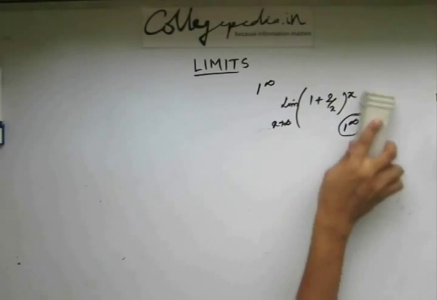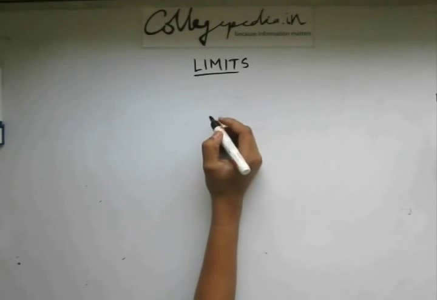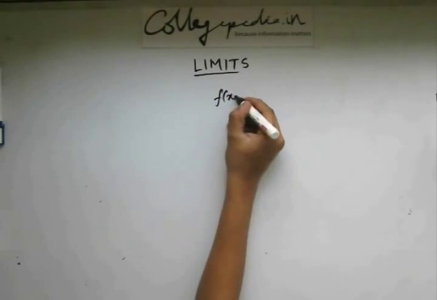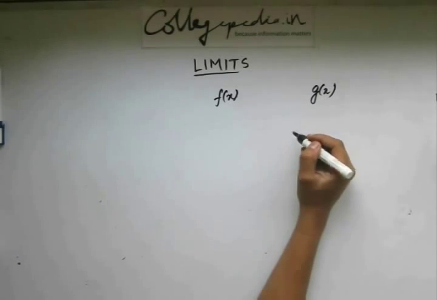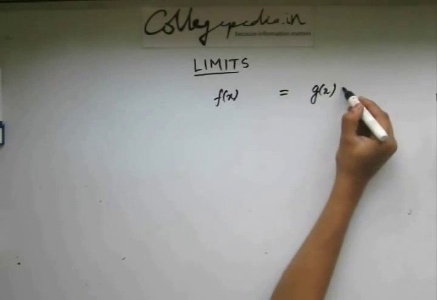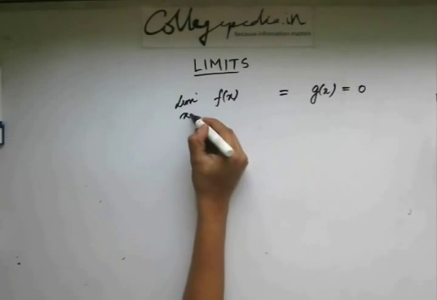Let's say I have functions f of x and g of x, and both f of x and g of x approach 0 as x approaches a.